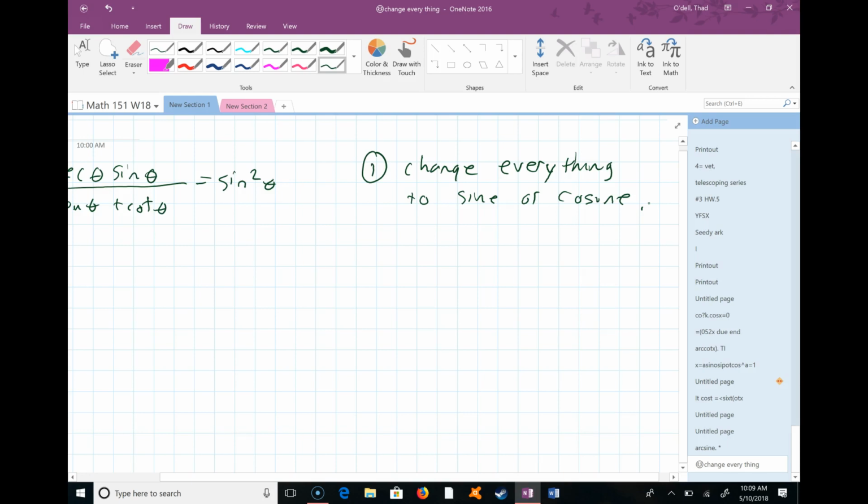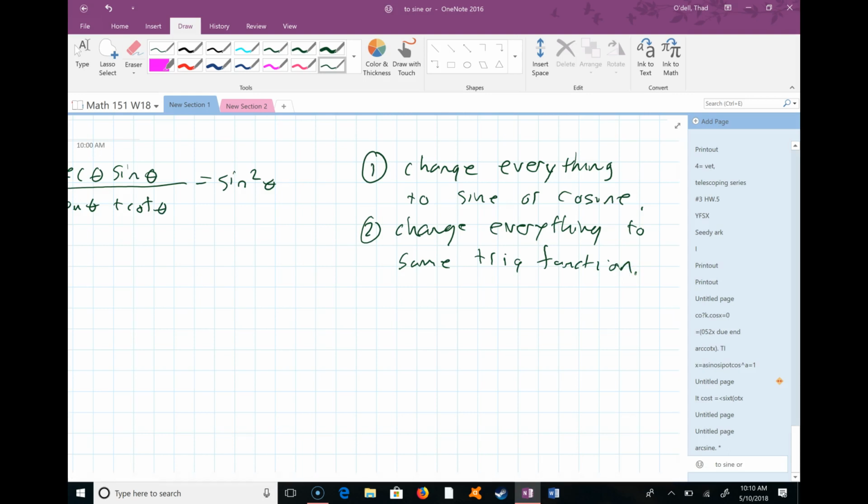And an even better option, if you can, is to change everything to the same trig function. Meaning if I can change everything to tangent, that's going to be even nicer, isn't it? Because then absolutely everything will be able to cancel or combine together. If I'm working with only tangent, then it's a lot easier to work with.